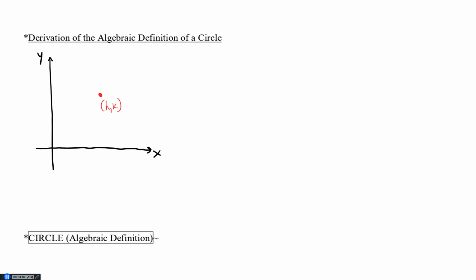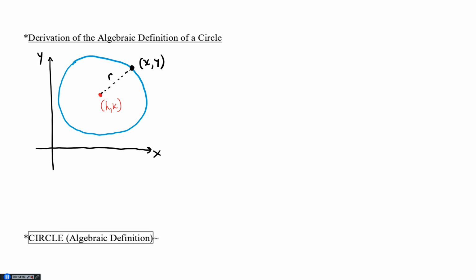So let's say this is our circle here. So all of these points are the same distance away. We'll call that distance r for radius. Now I know mine's not a perfectly drawn circle, but you get the idea. So that makes all of these coordinates right here, those are coordinates on the circle.